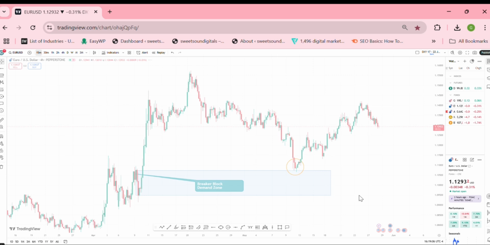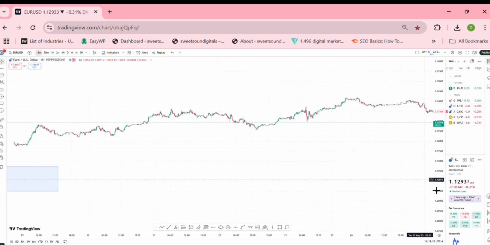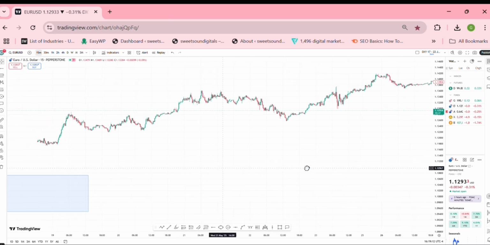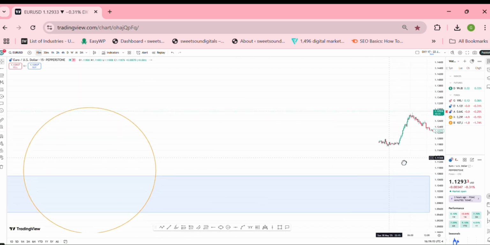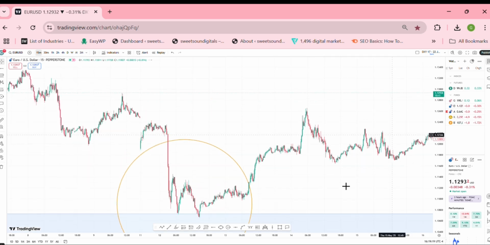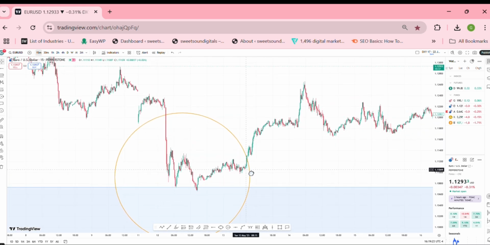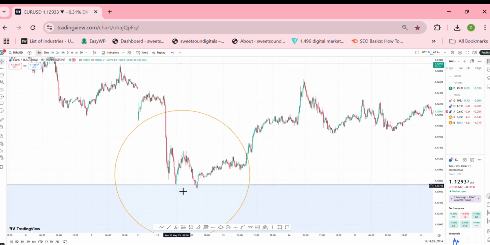Now going down to 15 minutes, we have to wait for a market structure shift, and there we have it. Price mitigated here. This is the area we circled, and price mitigated here.